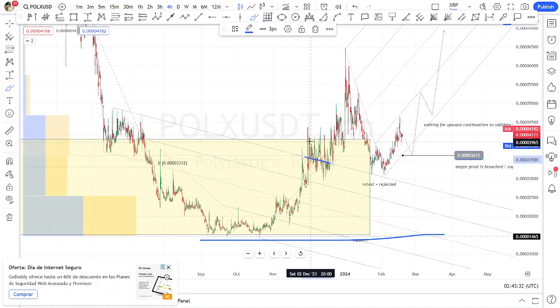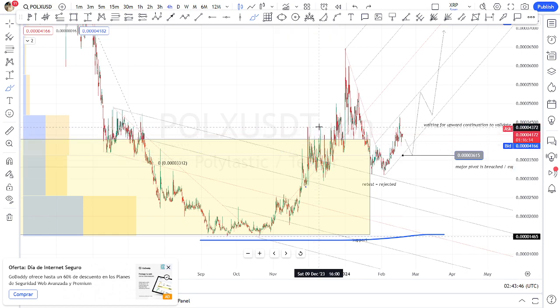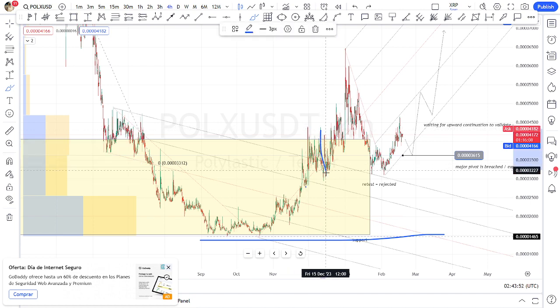So the bears successfully put the price back to the support, but the eagerness of the bulls to push the price is still on fire. That's the reason why the price still goes up. So again, the fight between the bears and the bulls is tight here.